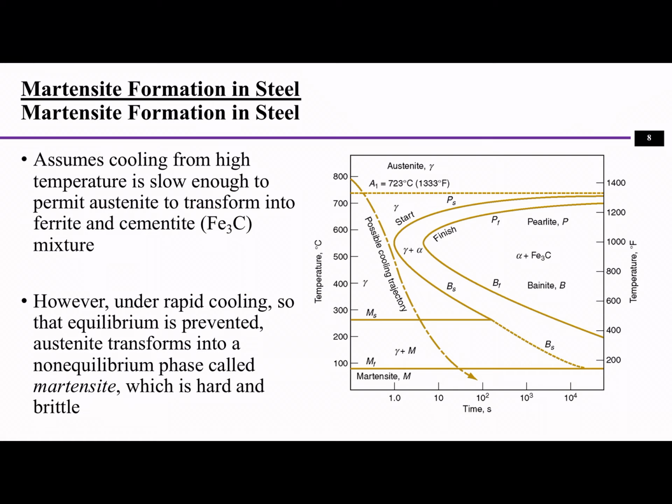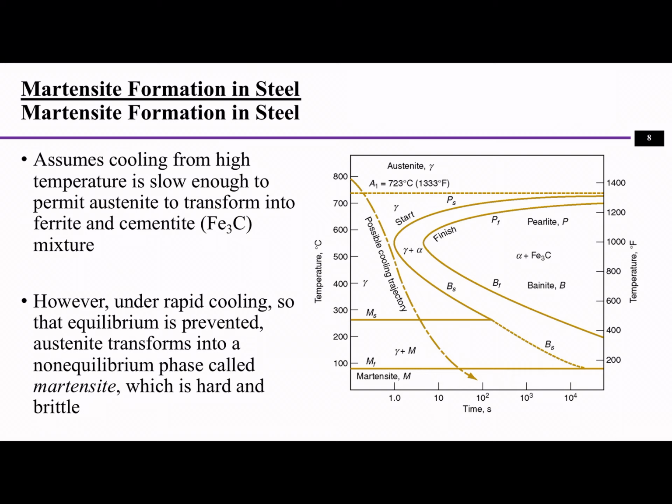Pay attention to the curves, where you see the start and finish. There are different regions, and for the possible cooling trajectories, you can see it is not touching the curve. That is the nose of the curve, because if the cooling trajectory gets into that curve or touches it, it will form a different phase of the material, and we will lose our purpose.